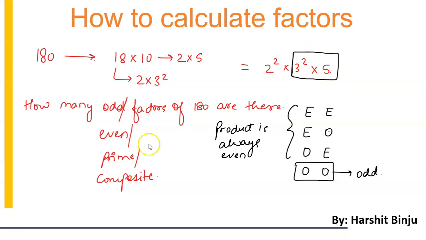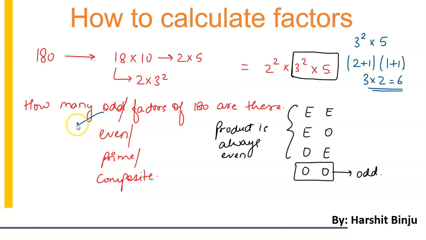For 3 square into 5, the total number of factors will be (2 plus 1) into (1 plus 1), which is 3 into 2, and that will be 6.